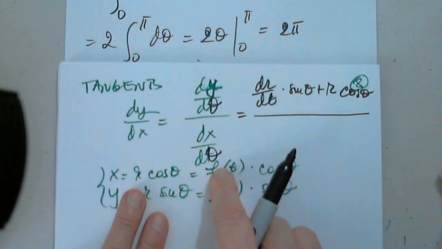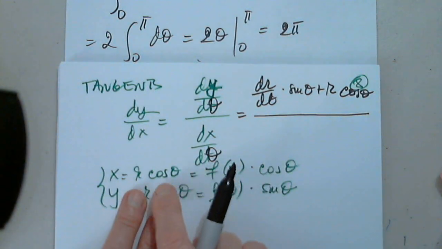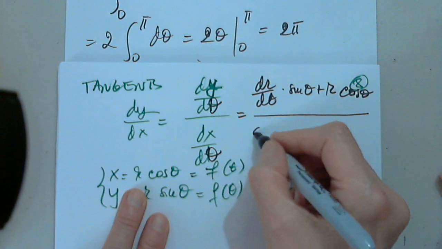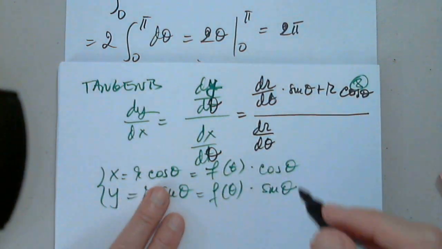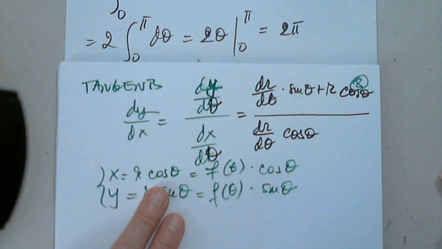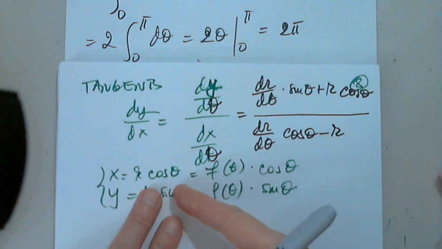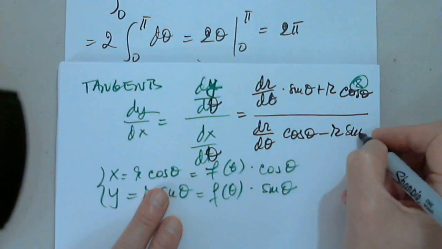Now I differentiate x with respect to theta. So again, dr over d theta times cosine theta, but this time minus r, because when I differentiate cosine, I get sine theta.